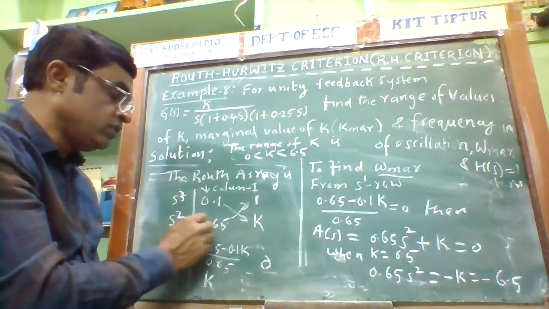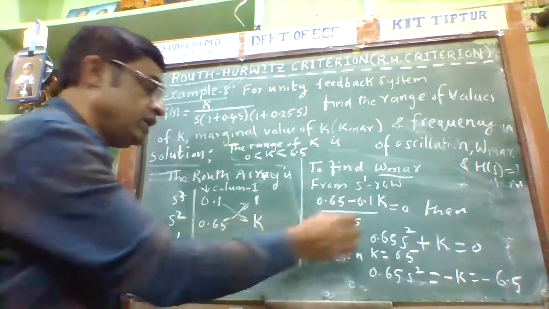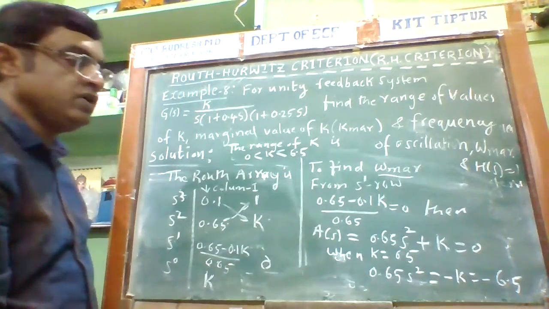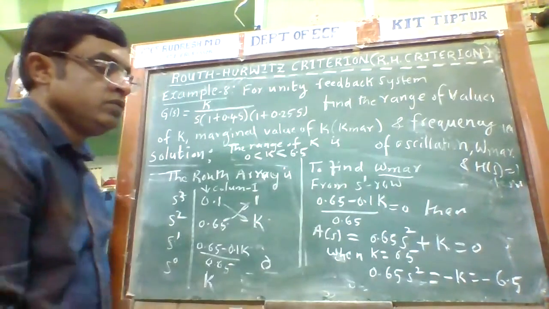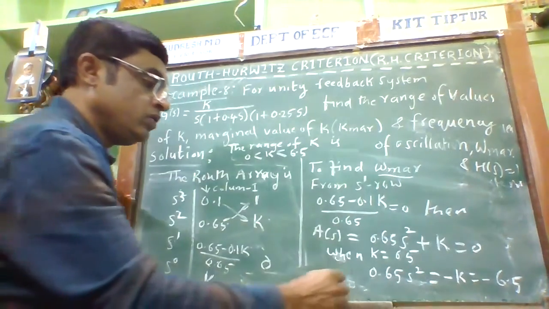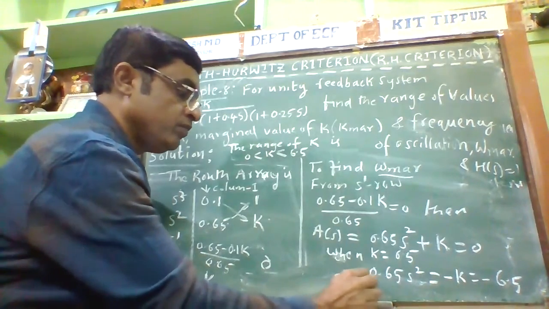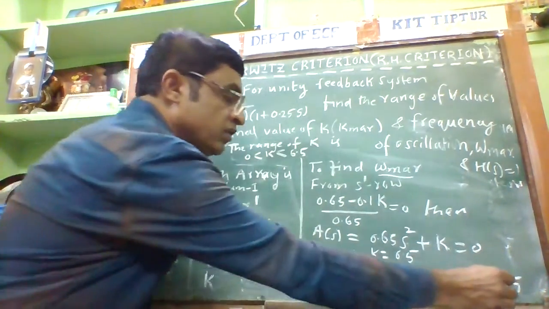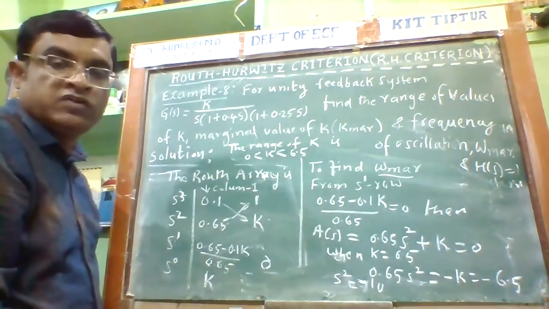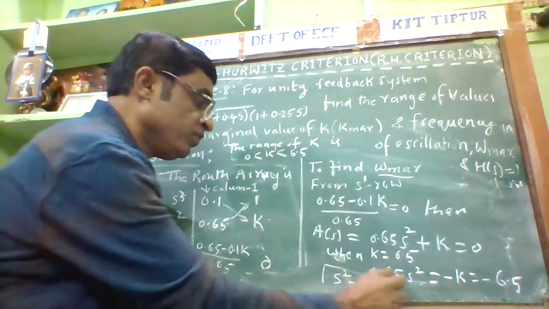Therefore, the auxiliary equation is 0.65 into s square plus K into s power 0, equal to 0. Substituting K equal to 6.5, 0.65 s square is equal to minus 6.5, therefore s square is equal to minus 10.